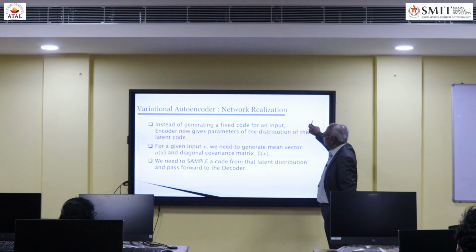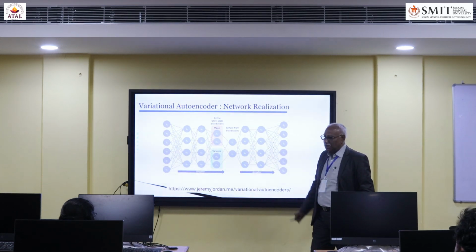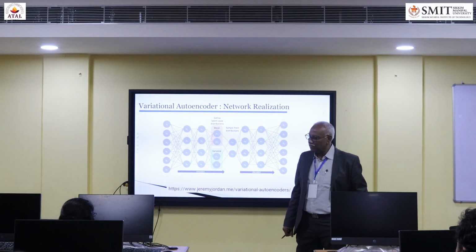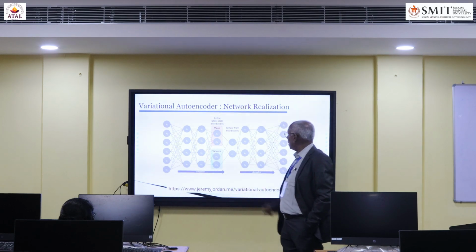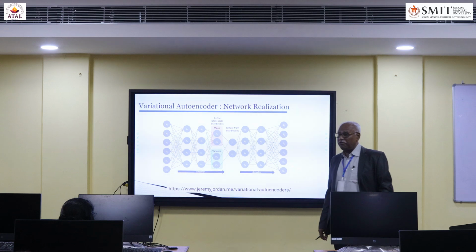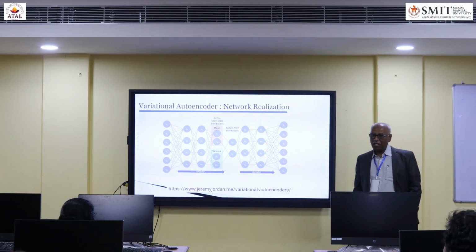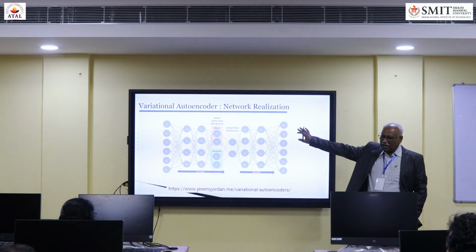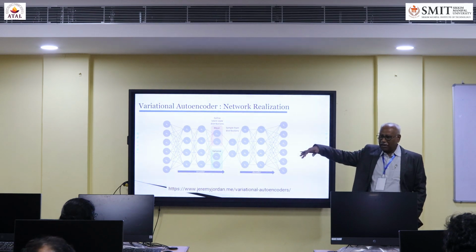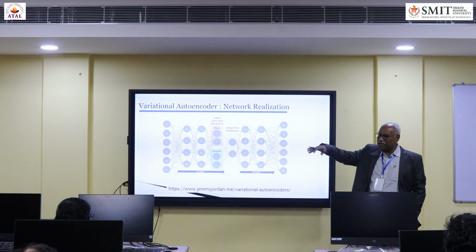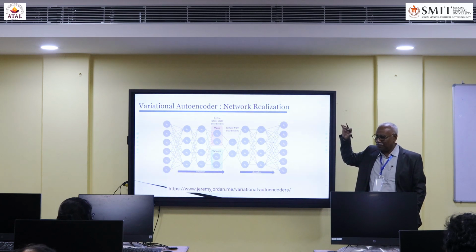This is the encoder model. Now it is not called autoencoder, but it is called variational autoencoder. The term variational comes from a mathematical term, which I did not go into.